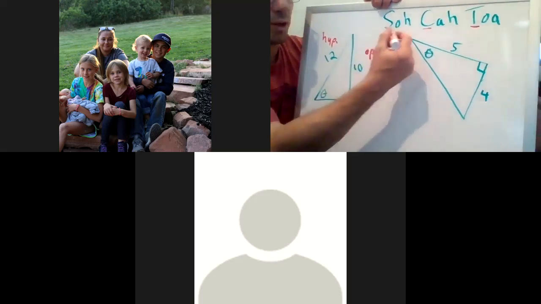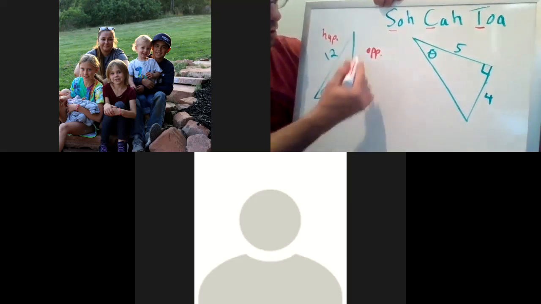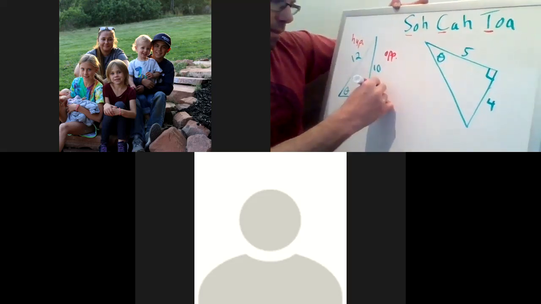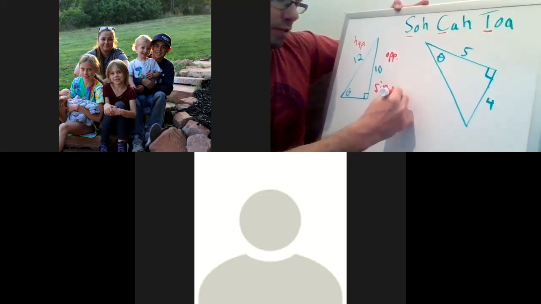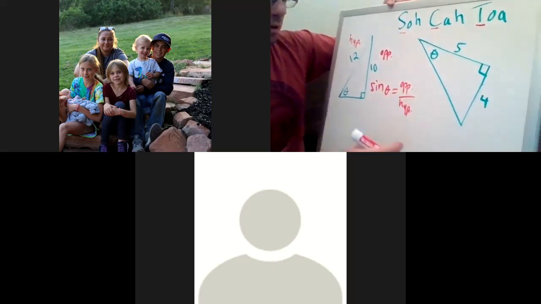Opposite and hypotenuse, I look at my three functions, SOH CAH TOA, which one uses O and H? Sine does. So I start by just putting sine theta equals opposite over hypotenuse.